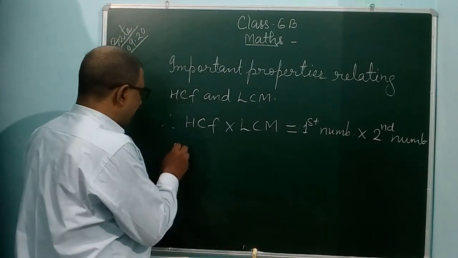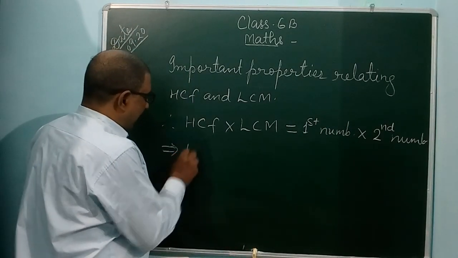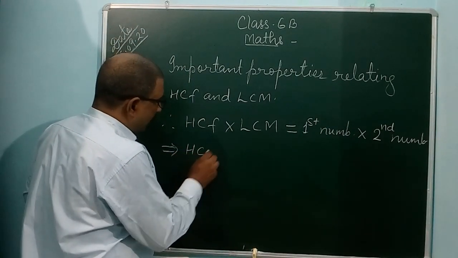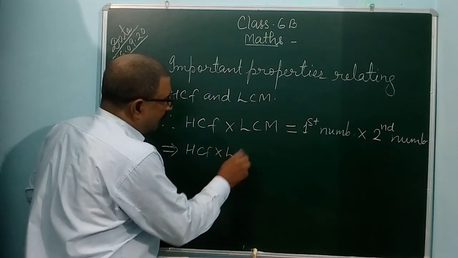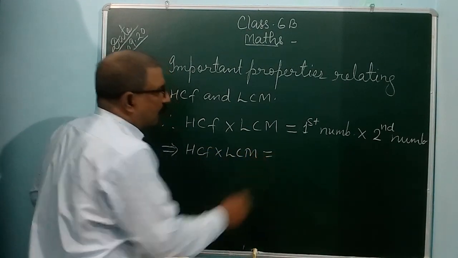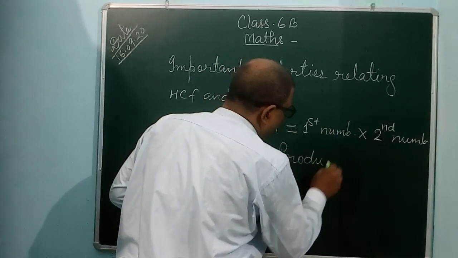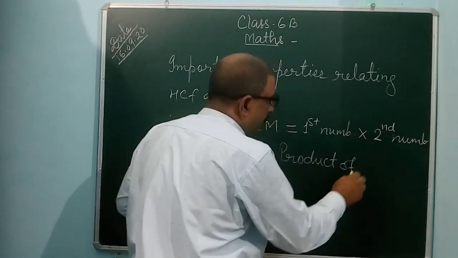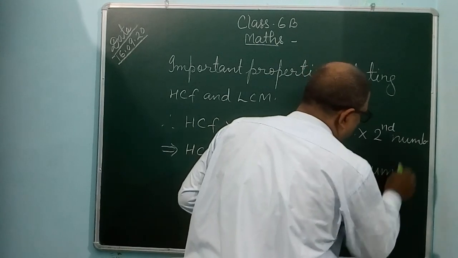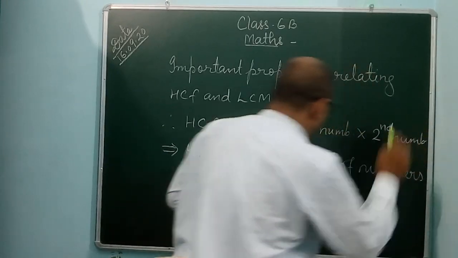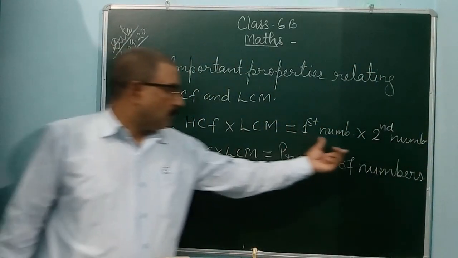Or you can say HCF multiplied by LCM is equal to the product of the numbers.